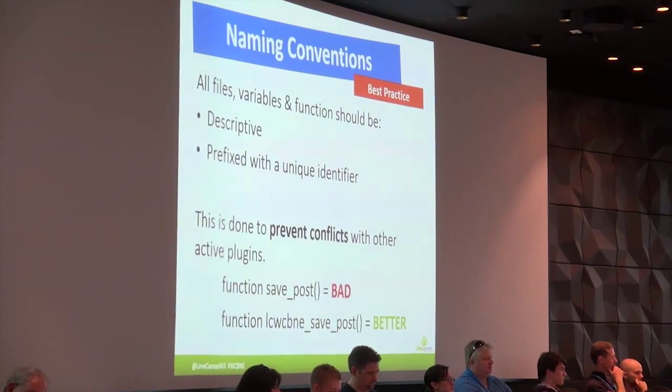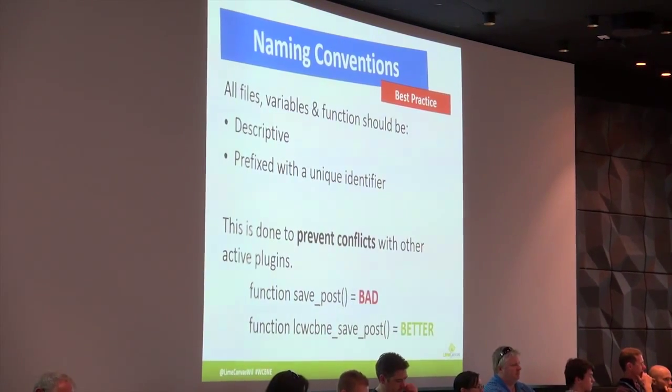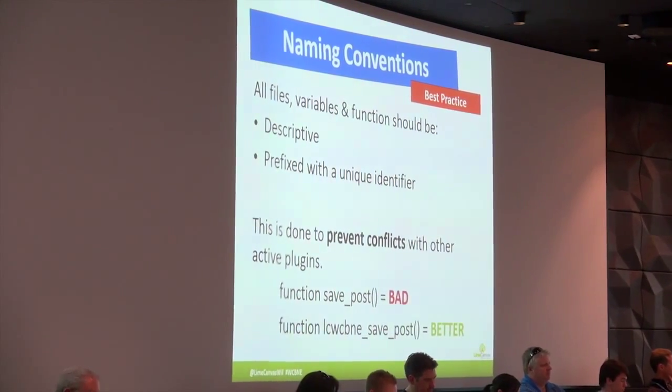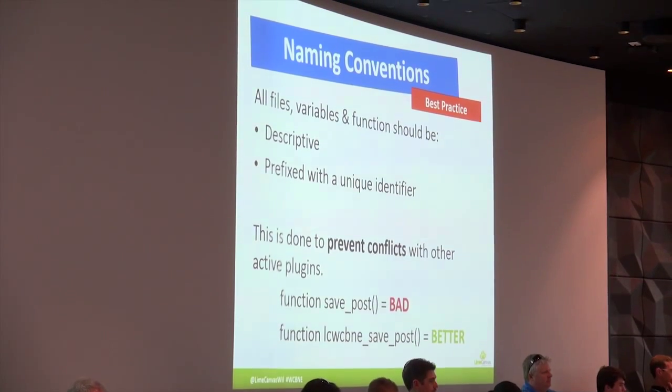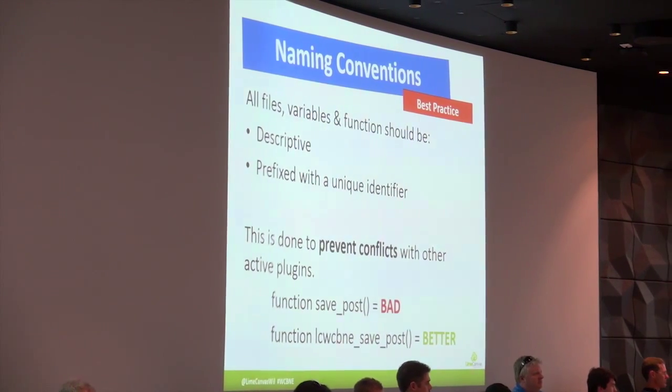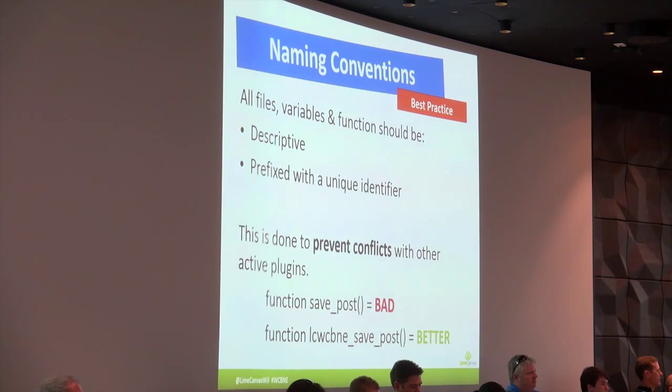So rather than have something generic like savePost, append a prefix at the beginning. In this case, you've got LCWCBNE, which is quite unique, underscore savePost. So chances are that another plugin probably isn't going to have that particular function name, and you should be all right from a conflict point of view.